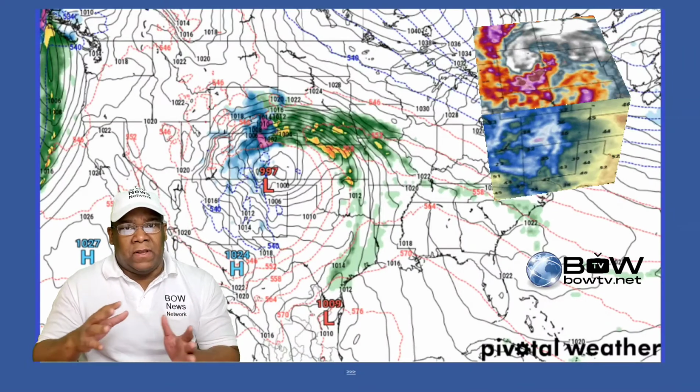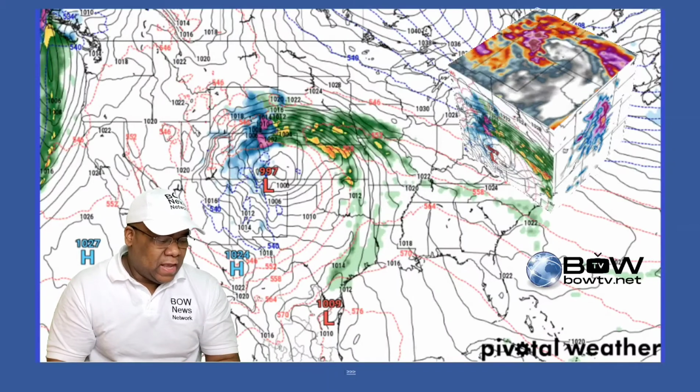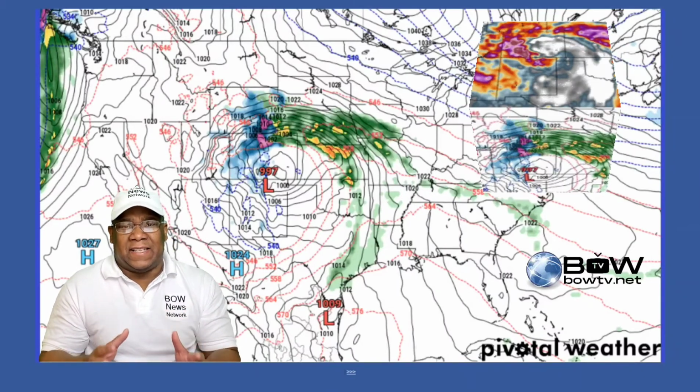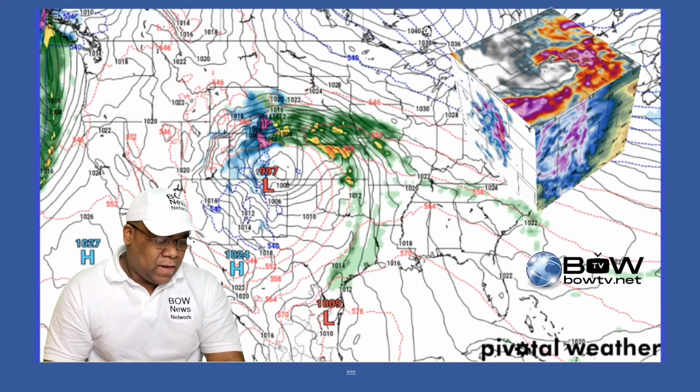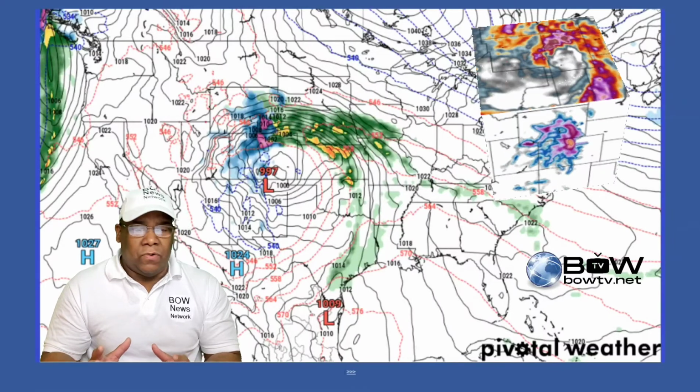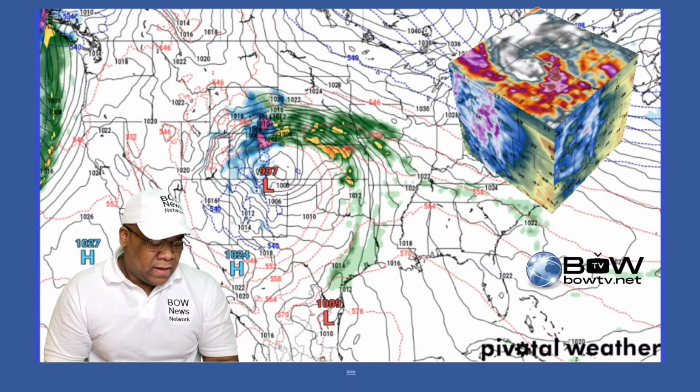It will be steady throughout the day with blizzard-like conditions through to Sunday midday, with winds sustained at 20 miles per hour, gusting up to 48 miles per hour through Sunday night.